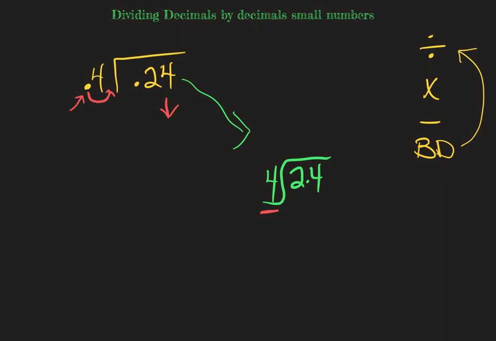So I'm going to take my decimal straight up, and now I'm going to divide. How many times will 4 divide into 2? Cannot do groups of 4 out of 2. So I'm going to look at now how many groups of 4 can I take out of 24. That will be 6. Multiply, and I have my answer.